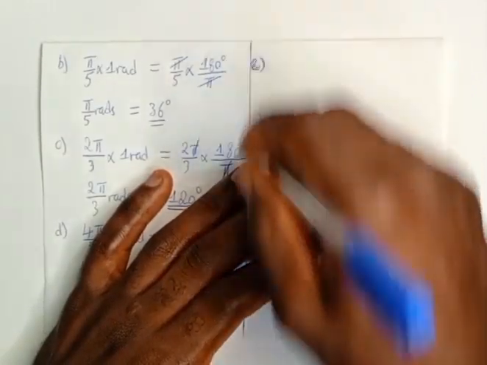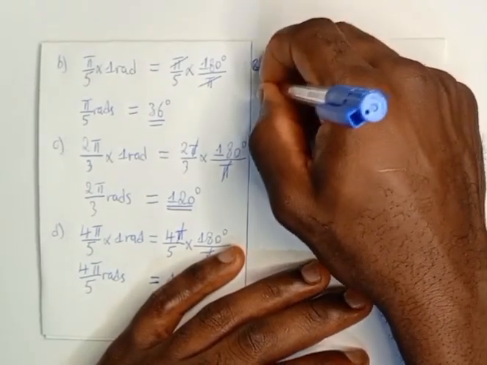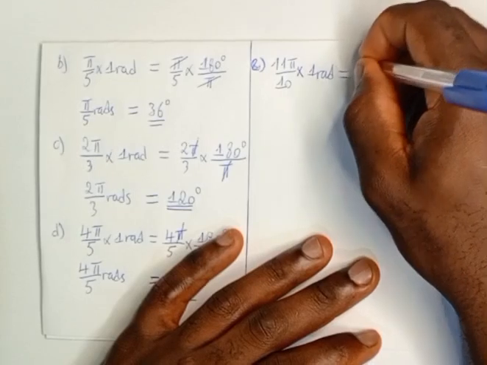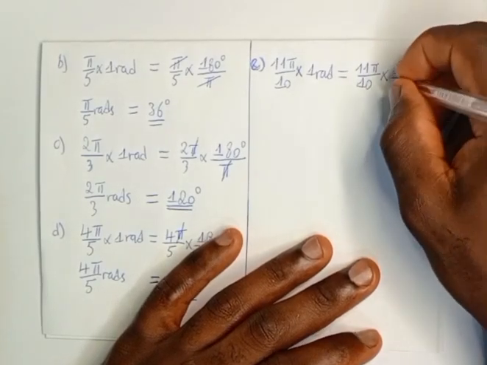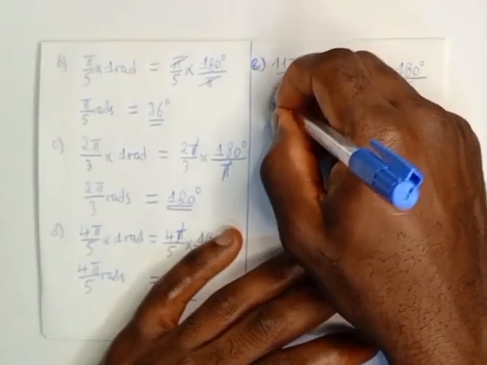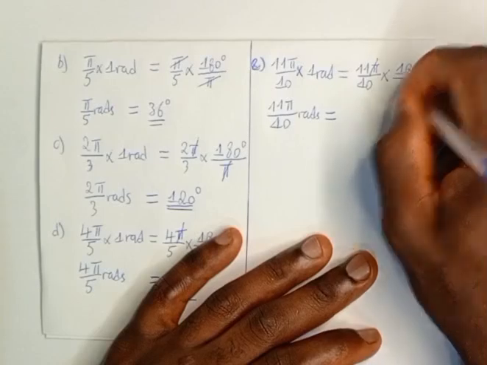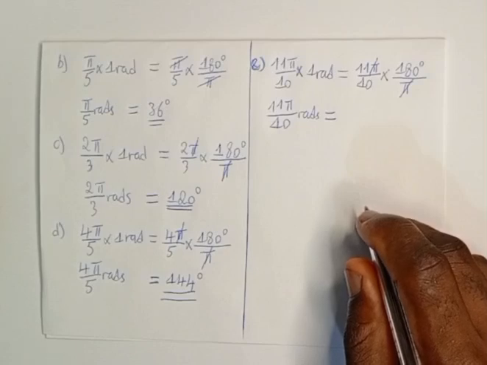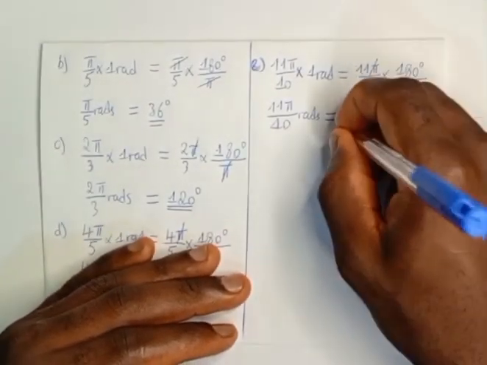For question E, we have to convert 11 pi on 10 rads, multiplying both sides by 11 pi over 10 times 1 rad is equal to 11 pi on 10 times 180 degrees all over pi. 11 pi on 10 times 1 rad gives us 11 pi on 10 rads equal to, pi will strike off pi. 180 degrees divided by 10 gives us 18 degrees times 11, which gives us 198 degrees.